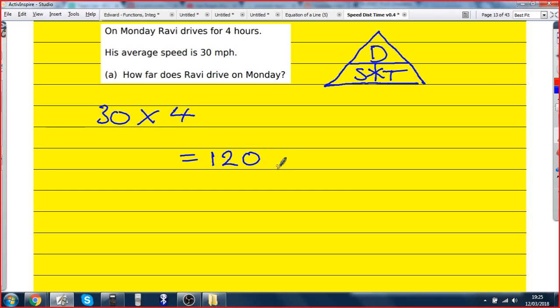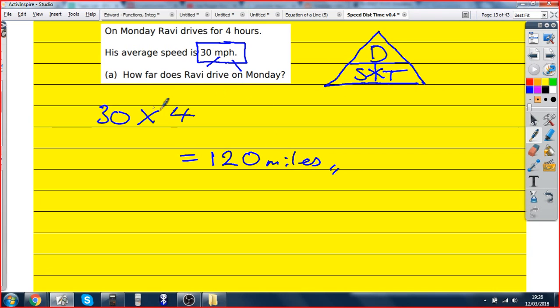And what's the unit? Miles. Yeah, just miles, because it's distance. And so you can see there, the speed is the one you look at for the units. Miles per hour. The distance is miles, the time is hour. And you can see up there 4 hours.